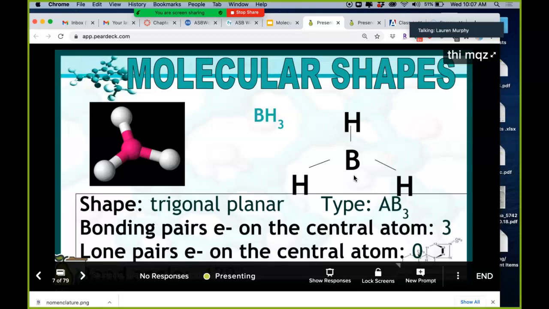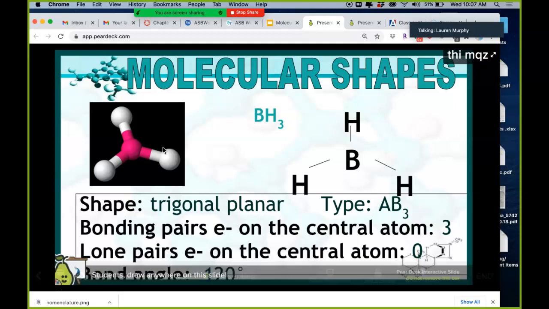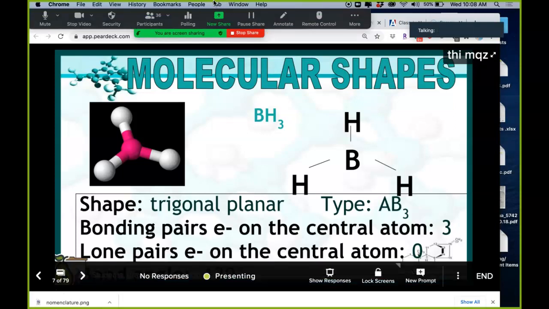No lone pairs of electrons. So this thing lays flat. That's what the word planar means. And again, the bond angles are 120 degrees. Any questions on this one?